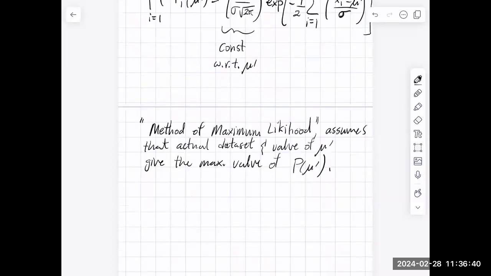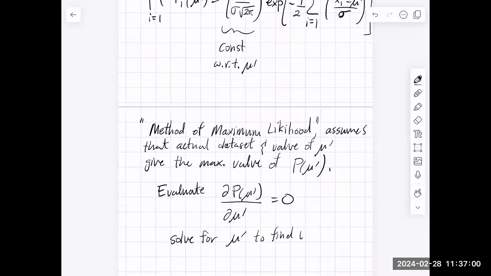So we're going to evaluate dp of mu prime with respect to mu prime, set it equal to 0, solve for mu prime to find the value that maximizes p of mu prime. So that's what we want to do, and we could do exactly that. We're going to be slightly more clever than that.